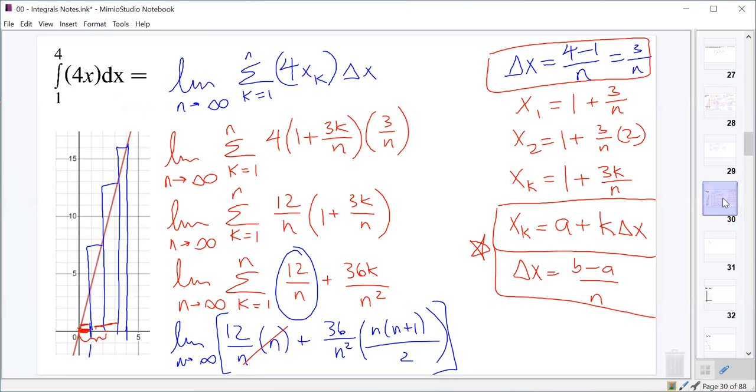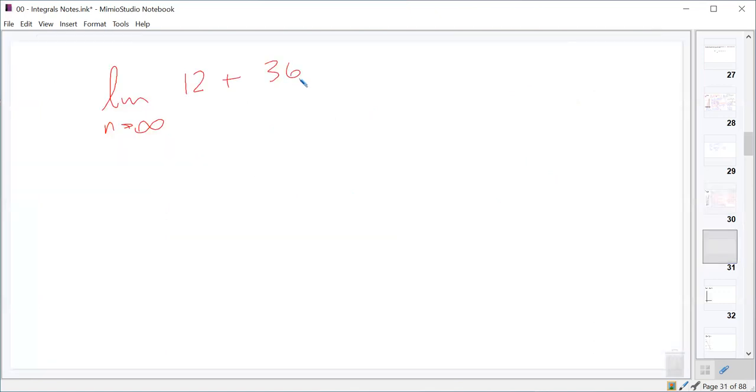That would be 36n squared plus 36n, all over 2n squared.